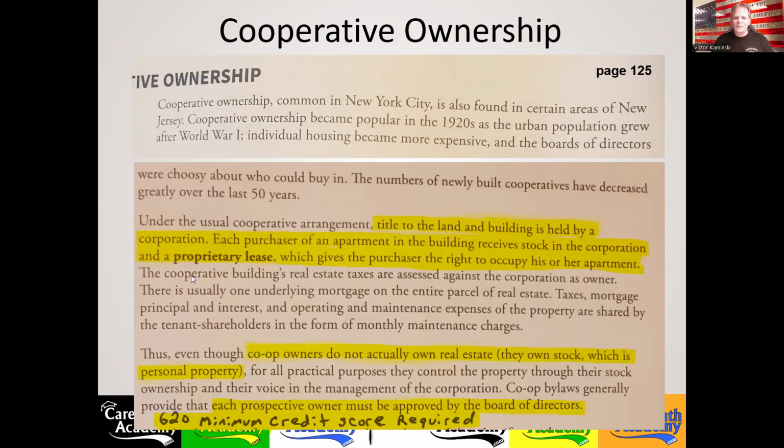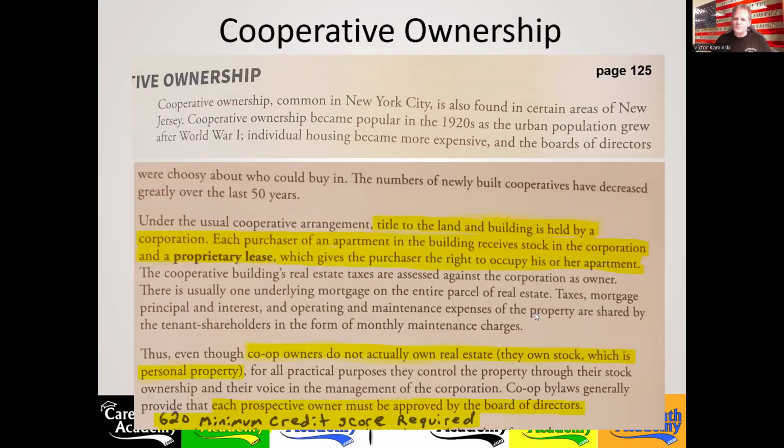Now, the cooperative building's real estate taxes are assessed against the corporation as the owner. There's usually one underlying mortgage on the entire parcel of real estate, and taxes, mortgage principal and interest, and operating and maintenance expenses of the property are shared by the tenant shareholders in the form of a monthly maintenance charge, which is higher than it is in condominiums.